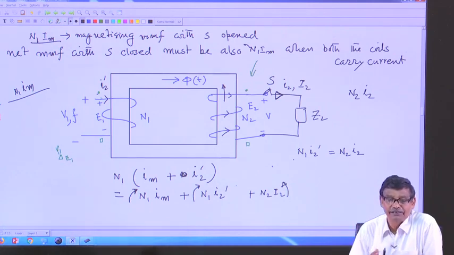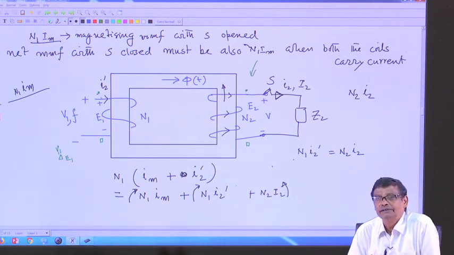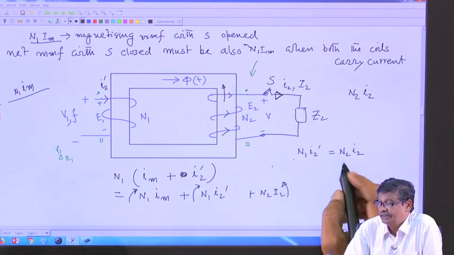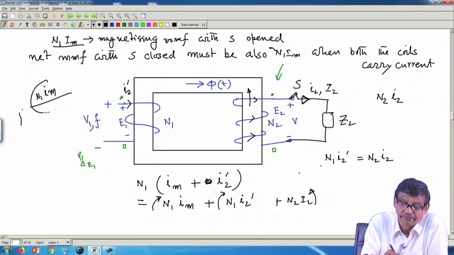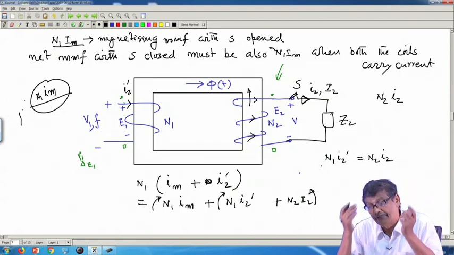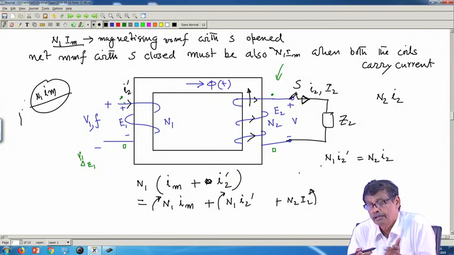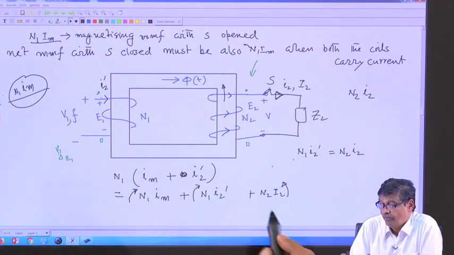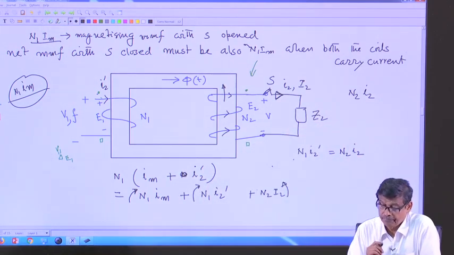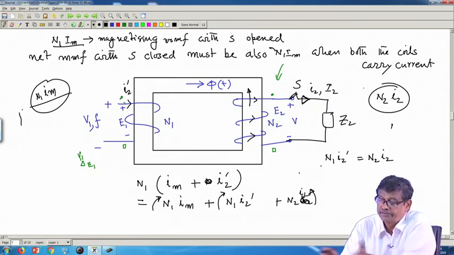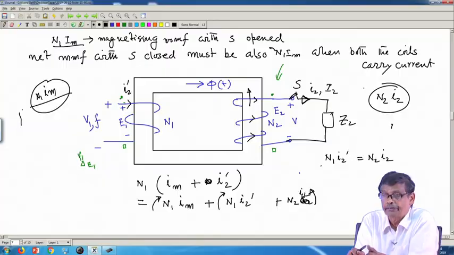So, what is the thing going on? Initially, the net MMF in the transformer was N1 Im. I am telling with S closed, once again the net MMF has to be N1 Im. Therefore, if secondary delivers a current I2, let me write here small letters N2 i2, if it delivers a current i2, its MMF.